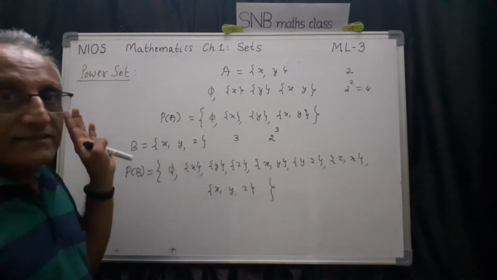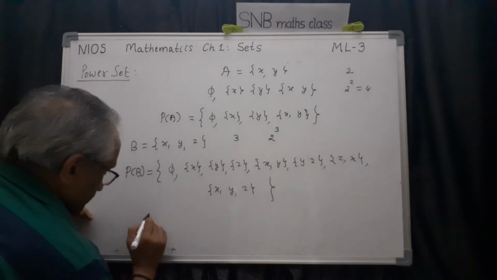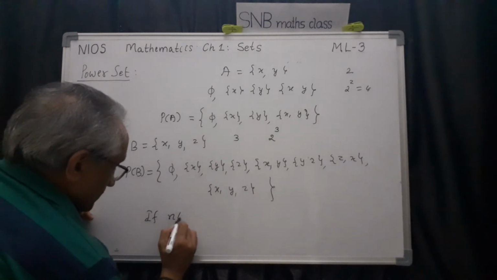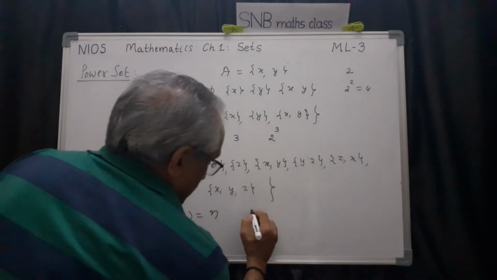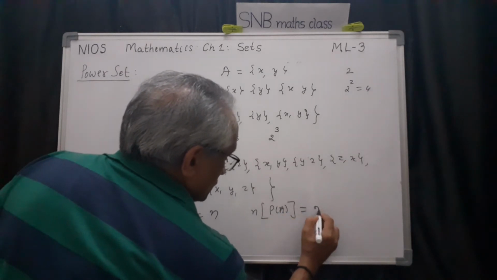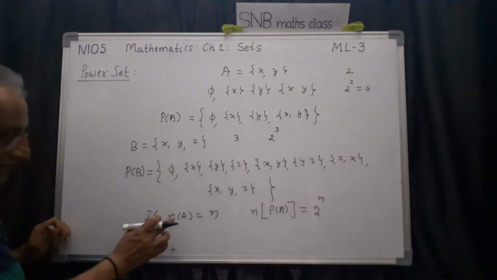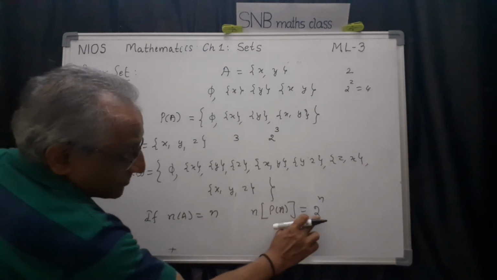That is called power set. So here also the property is this. If the number of elements of a set A equals n, then the number of elements of the power set of A is 2 power n. Meaning, if a set contains n elements, its power set contains 2 power n elements.